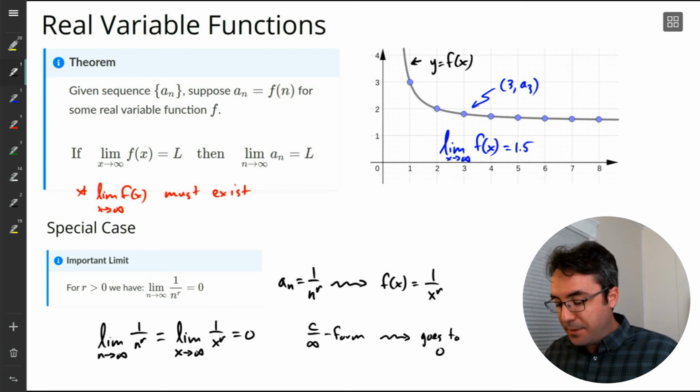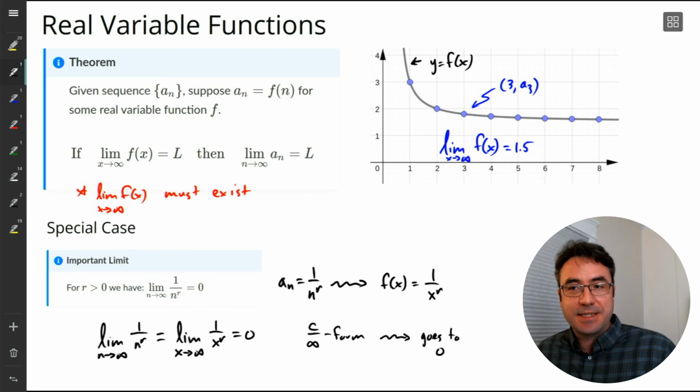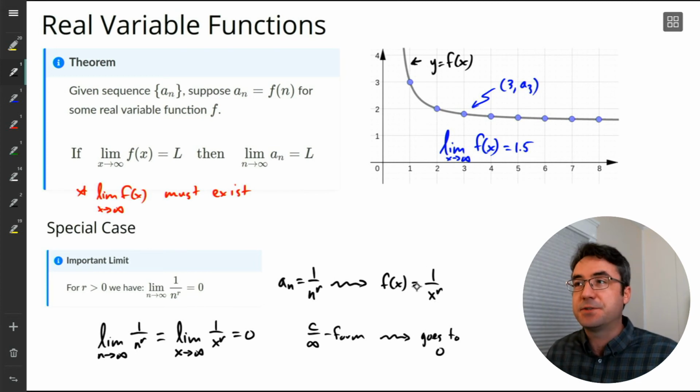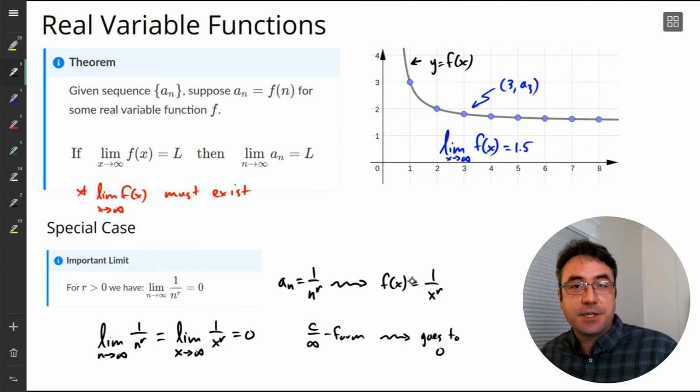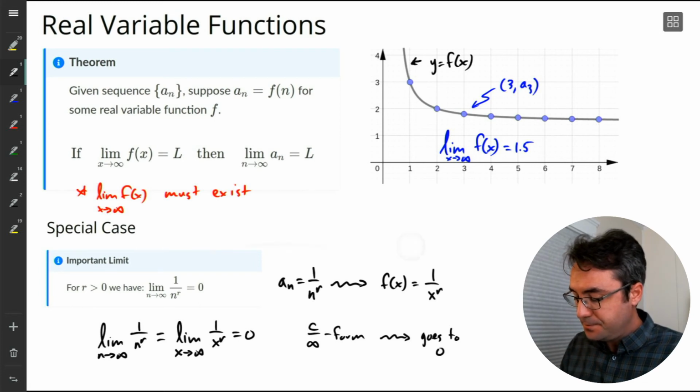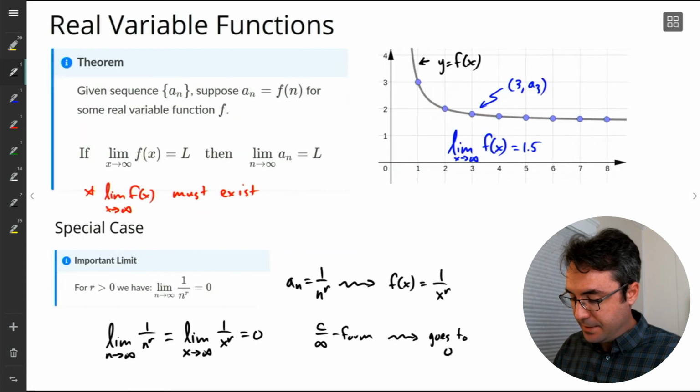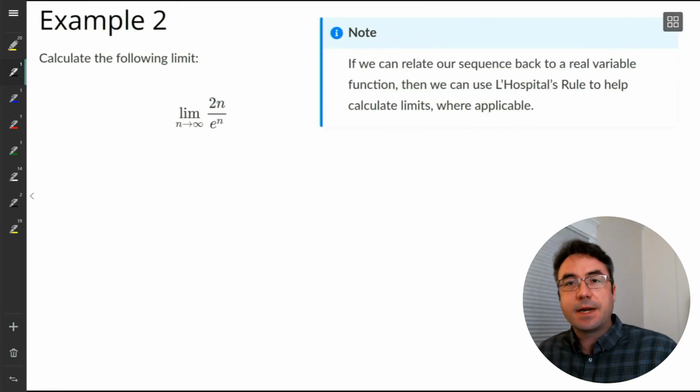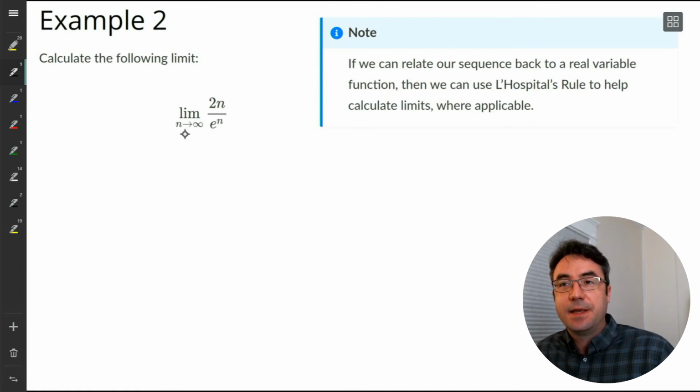So we're relating the terms of our sequence to a real variable function. And why this is going to be helpful is because, as we're going to see in the next example, we can actually do some calculus with real variable functions. So let's look at example 2. We're going to calculate the limit of 2 times n divided by e to the n as n goes to infinity.